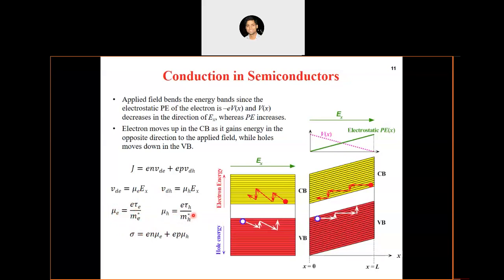I hope you remember the concept of effective mass. So that is how we can define the current density, and then we can define the electrical conductivity also in this form. It will be due to the contribution of both the electrons as well as holes, the overall electrical conductivity.